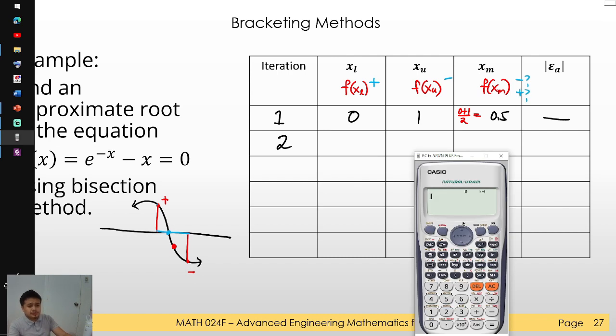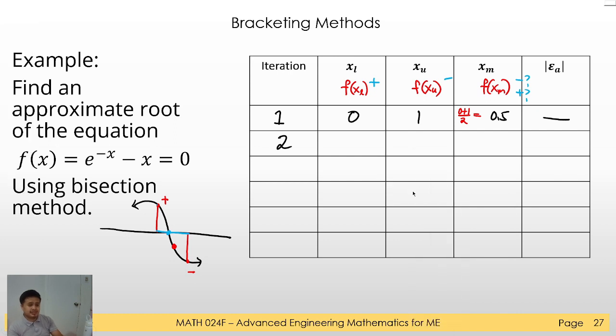So we have to substitute this xm into our function. So we have e raised to negative x minus x. Sorry, not equal to 0. Let's calculate 0.5 instead. Okay, so we have 0.106.